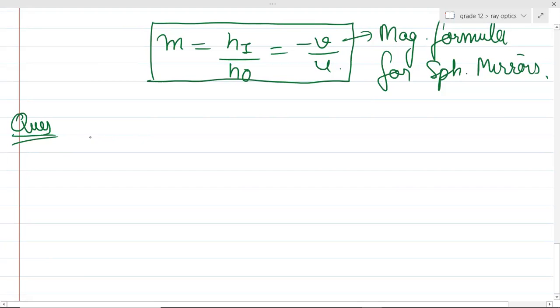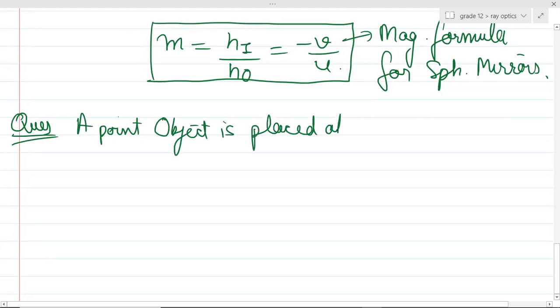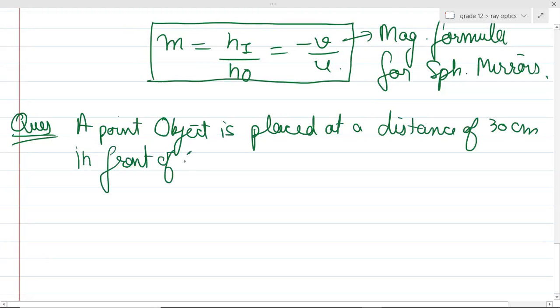Yes, sir. Okay. So the question is: a point object is placed at a distance of 30 centimeter in front of a concave mirror. Easy question, 10th grade level.